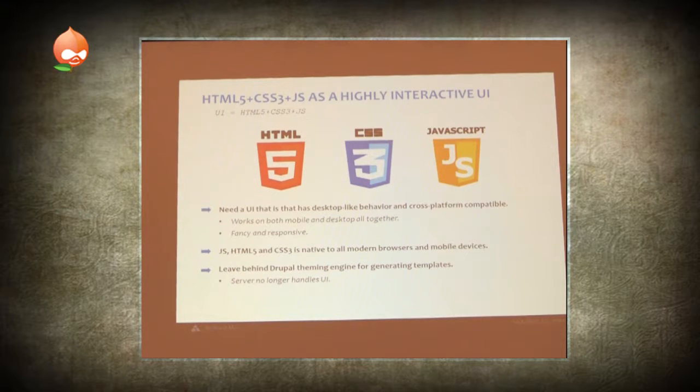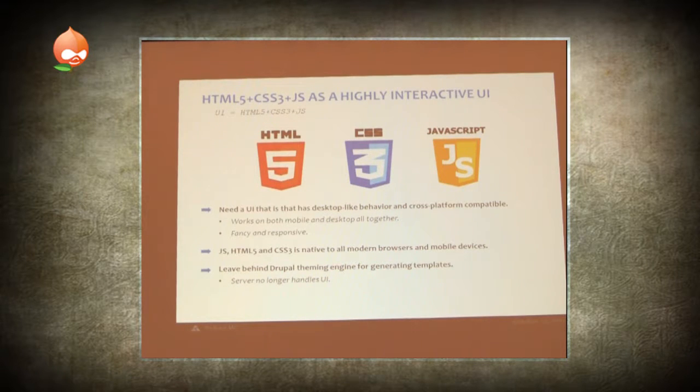Early on, I gave you two examples of problems that we could encounter. The first is that we want a user interface to behave like a desktop application. The second is that we want a UI that works on all devices, desktop and mobile. The JavaScript backbone that we're going to use, something like SproutCore, could address the first issue.